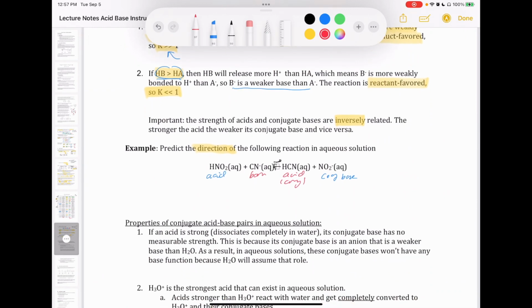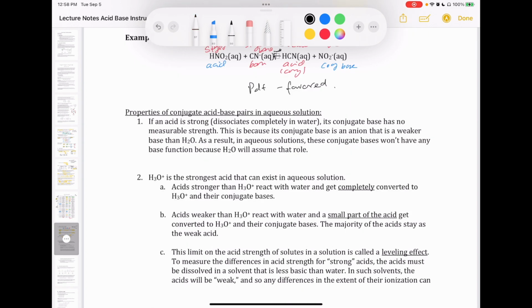So automatically, this is the stronger acid. Now, as soon as you figure out that's the stronger one and this is the weaker one, it's automatic that the base here, CN minus, is going to be the stronger base, and then the NO2 minus will be the weaker base as well. So again, as soon as you know the relative strength of the acid, you will automatically know the relative strength of the base. Because the stronger pair is on the left side, this reaction is product favored.